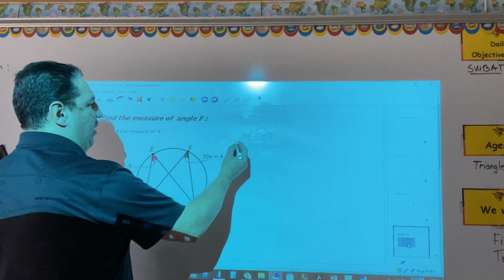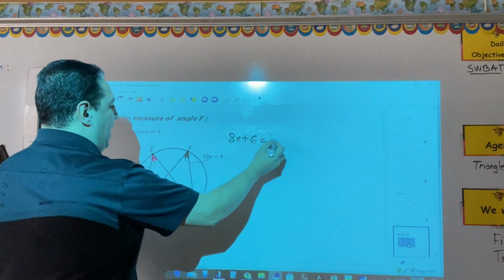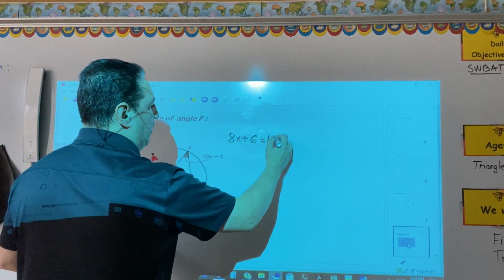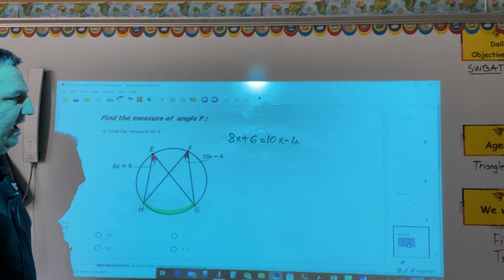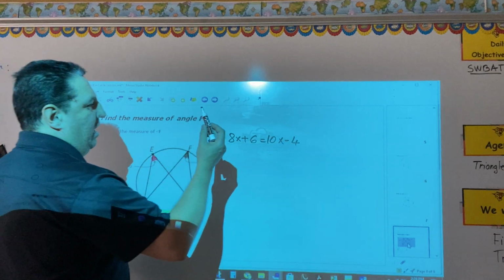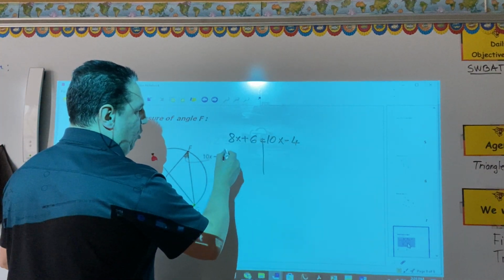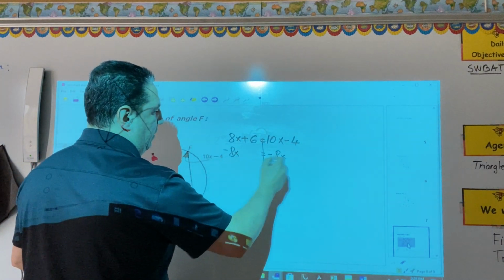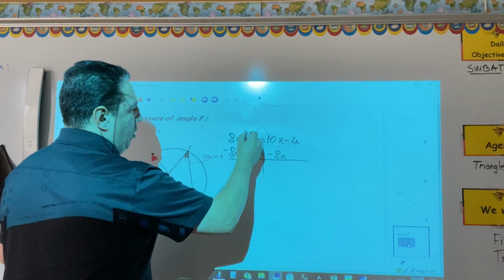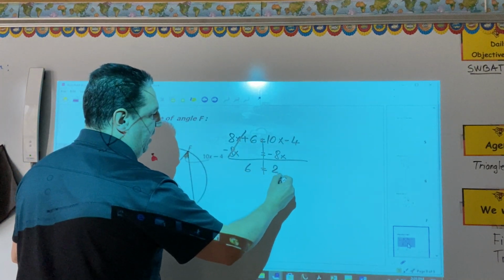So, we can write an equation: 8x plus 6 equals 10x minus 4. And we solve for x. First, we combine x terms. We subtract 8x on both sides. We get 6 equals 10x minus 8x, which equals 2x.